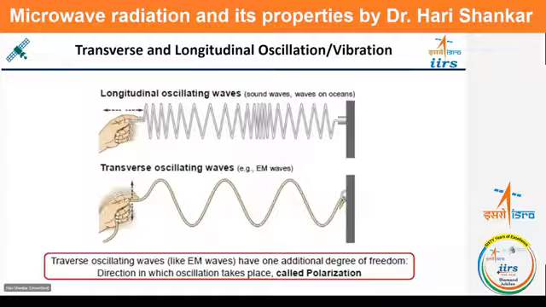But here, this is the example of the transverse wave. Suppose there is a rope and we are moving it up and down, so this type of wave is generated. The vibrations are perpendicular to the direction of the wave. These types of waves are called transverse waves, and the electromagnetic wave is an example of a transverse wave.